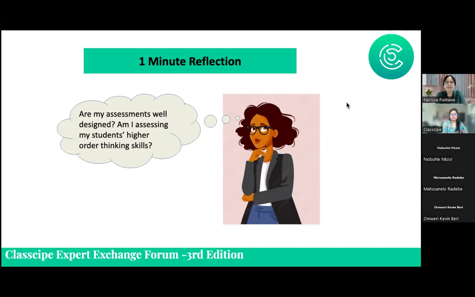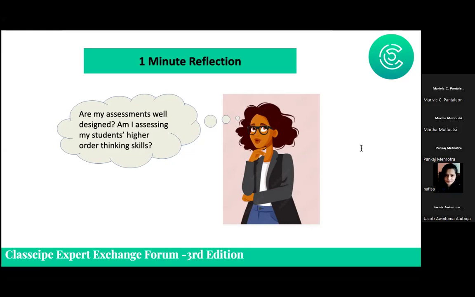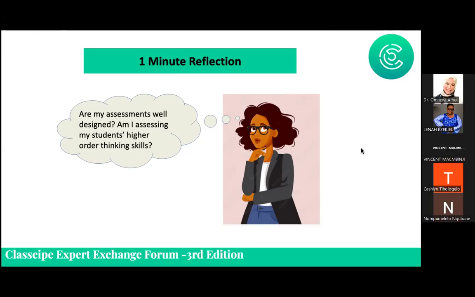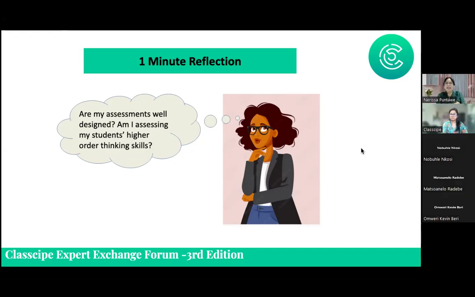How are you assessing your students? Please feel free to write and share your ideas on how you have successfully assessed your students' higher order thinking skills in the form of a formative assessment.